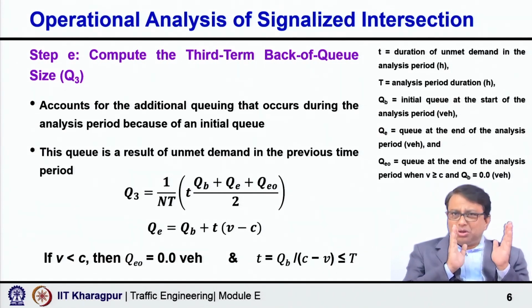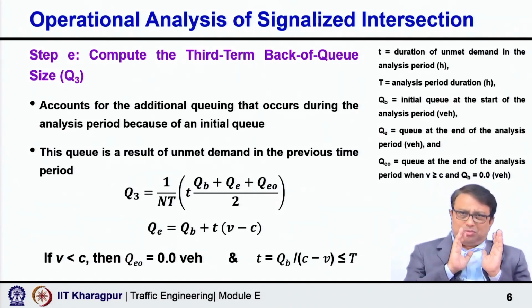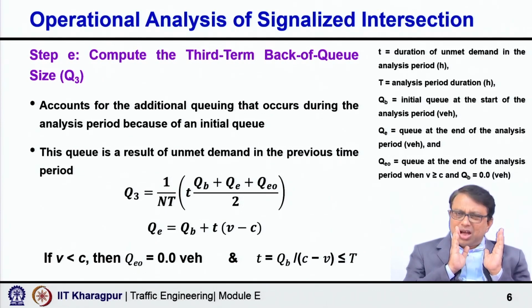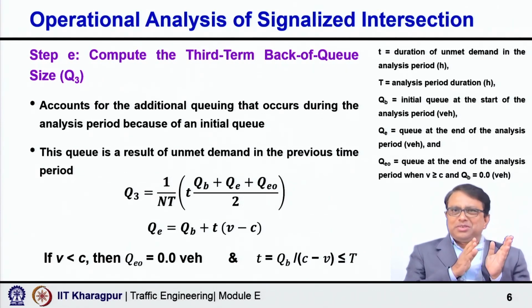So, maybe you have carried out some analysis, or whatever operation has happened during the previous analysis period, the unmet demand that is left out from the previous analysis is the starting point of our present analysis period. So, that is the Q3.